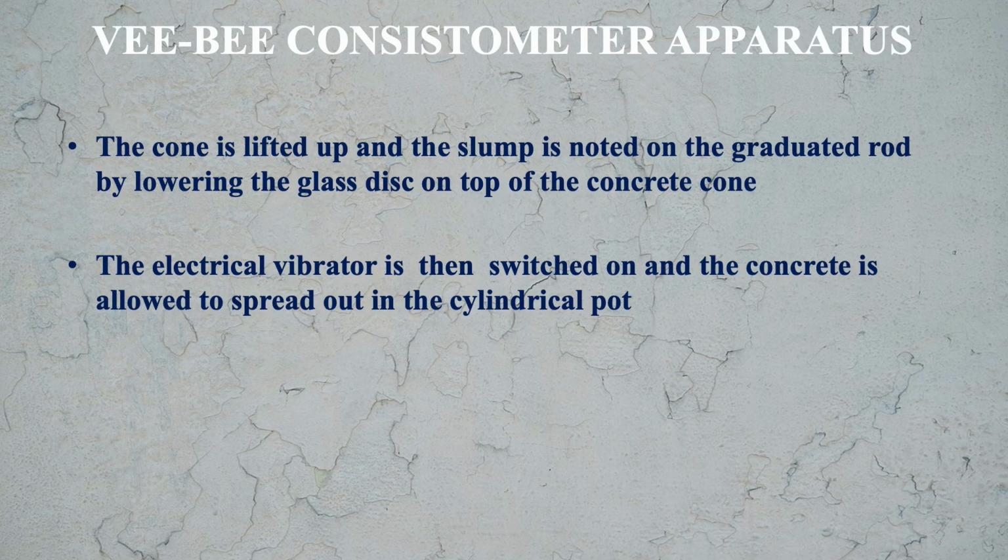Now what we will do after measuring this slump? The electrical vibrator is then switched on and the concrete is allowed to spread out in the cylindrical pot. So what will happen is that once we start the electrical vibrator, the concrete mix will vibrate and now it will spread in the cylindrical pot and it will take the shape of a cylinder.